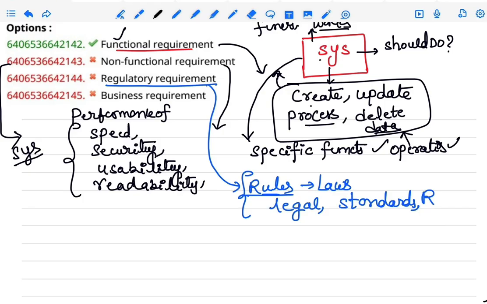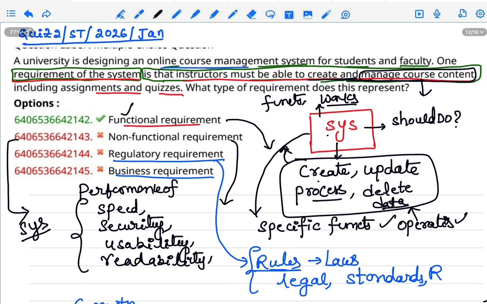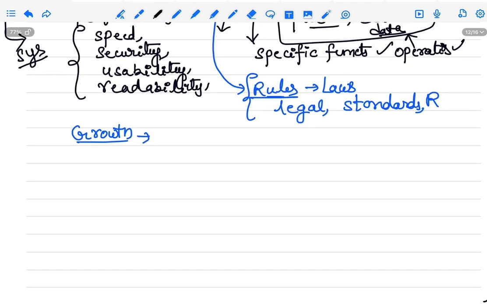And what comes under business requirements? Growth conditions. So business growth requirements. For example, consider this online course management system for the students, right? If the number of students increases, the growth for that online course system is also increasing, right? So that relates to the main objective of the system.